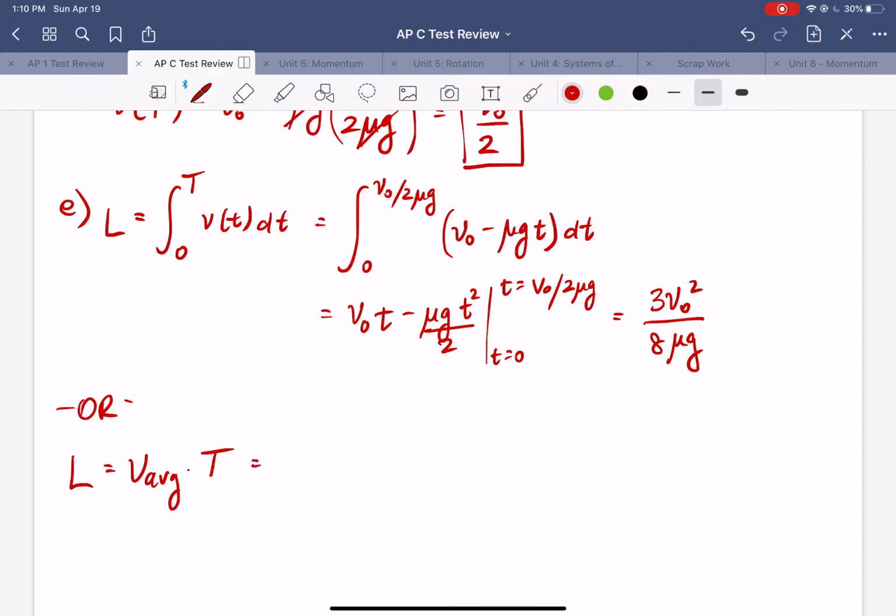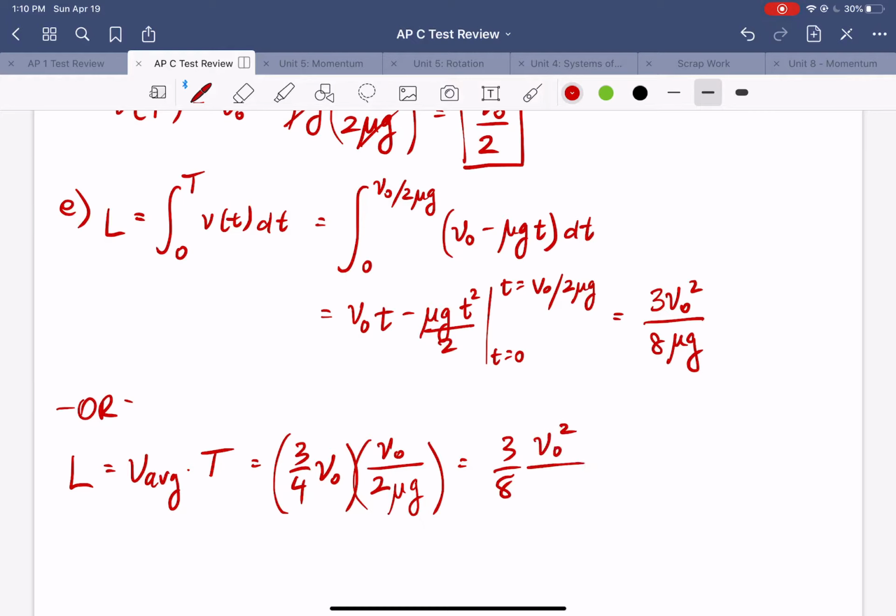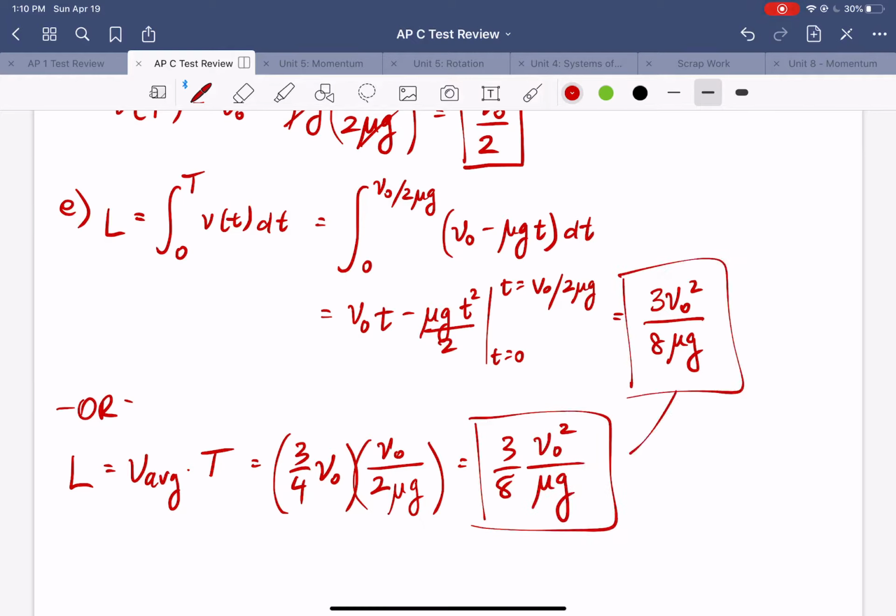So the average is going to be 3/4 v0, and then t was v0 over 2 mu g. So if we plug those two values together, we get 3/8 v0 squared over mu g. And notice we get the same answer there.